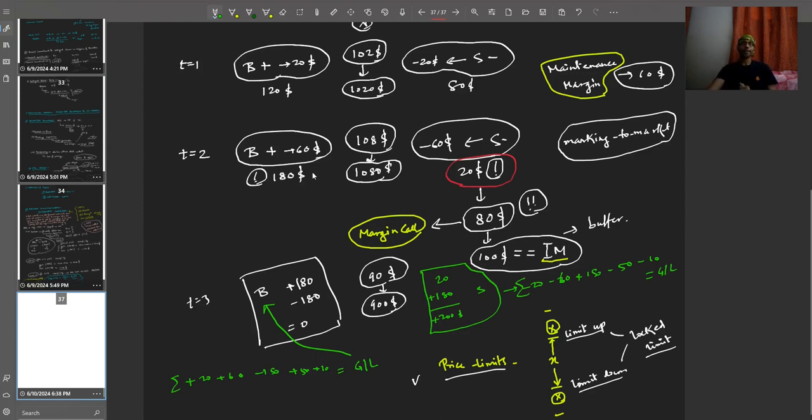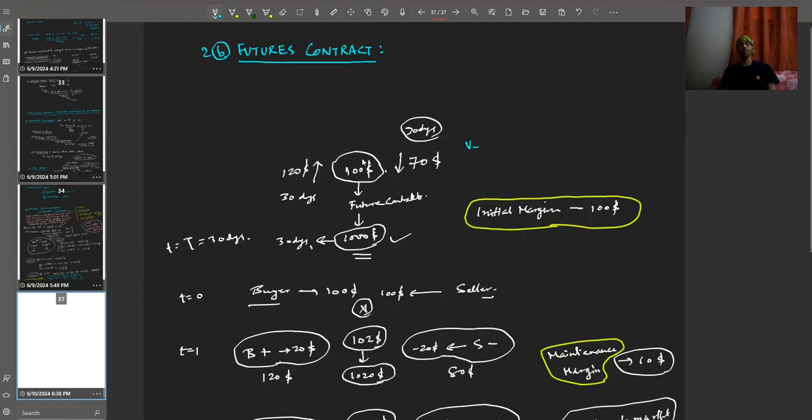And this will come to, basically, the value at expiration, considering expiration happens at capital T. This is given by the difference between the value at contract initiation, which is F0, and the value at contract maturity or expiration, which is F capital T. If the value at contract maturity is more, so if FT is greater than F0, this implies the buyer or the long gains.